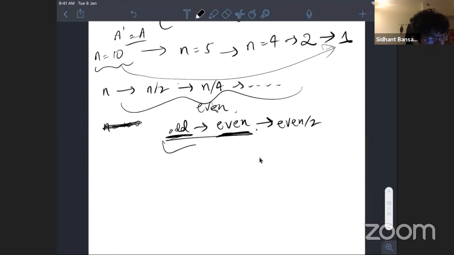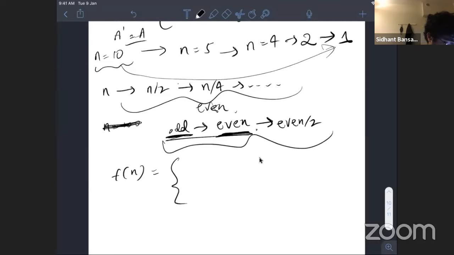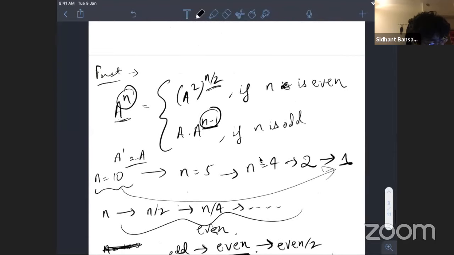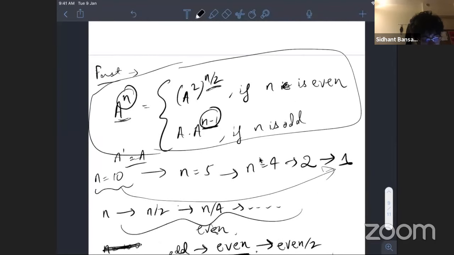So in consecutive 2 steps, let's say this is the function, f of n is equal to n by 2 if n is even, and n minus 1 if n is odd, right? I'm just trying to show you that doing this recursively is pretty fast, that you can drop this exponent pretty quickly.